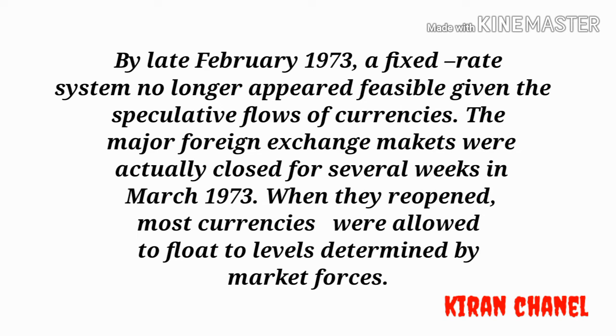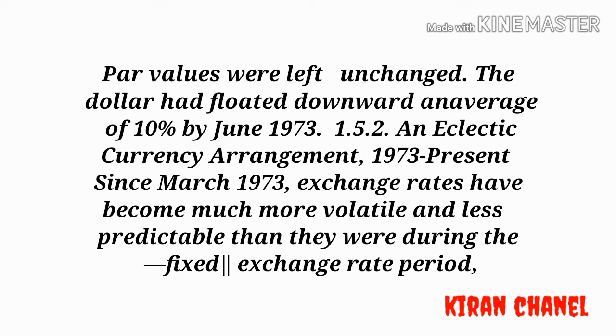The major foreign exchange markets were actually closed for several weeks in March 1973. When they reopened, most currencies were allowed to float to levels determined by market forces. Par values were left unchanged. The dollar had floated downward an average of 10% by June 1973.